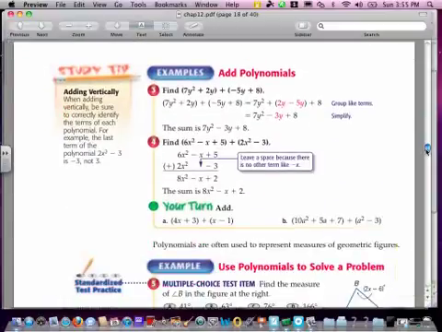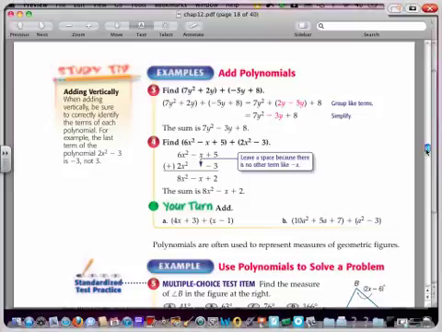All right, so find 7y squared plus 2y plus negative 5y plus 8. We're going to add these horizontally in this example. 7y squared. Are there any other y squared terms? I don't see any, so that one's pretty well done. 2y and negative 5y terms, I'm just going to underline those. And then numbers.